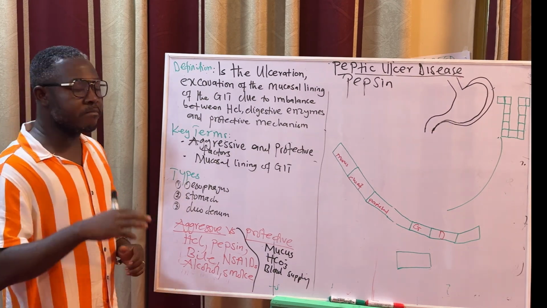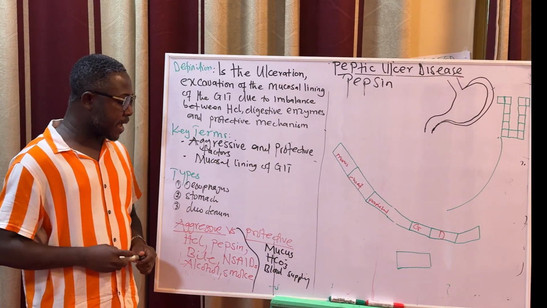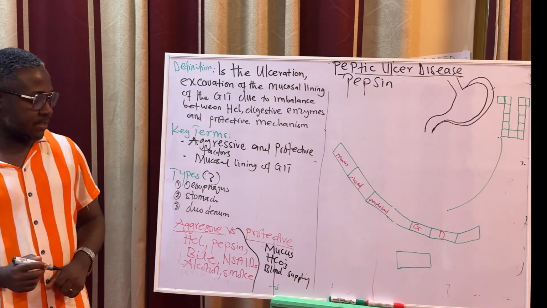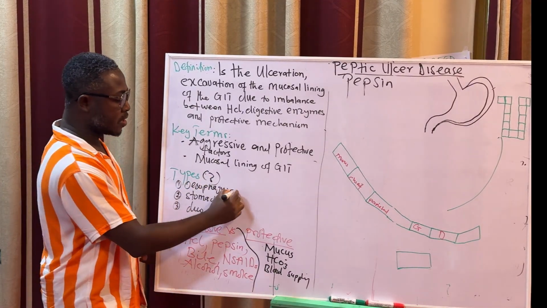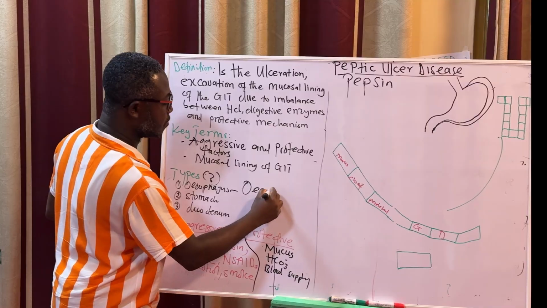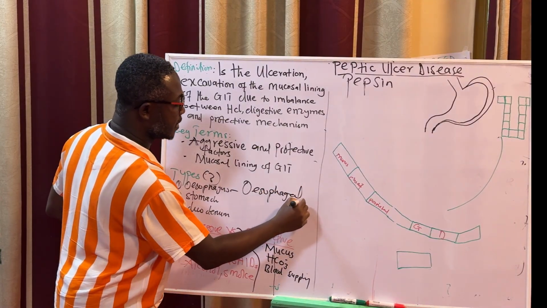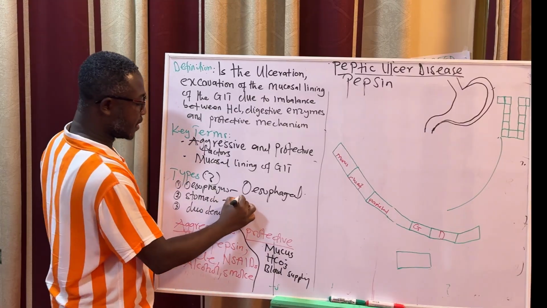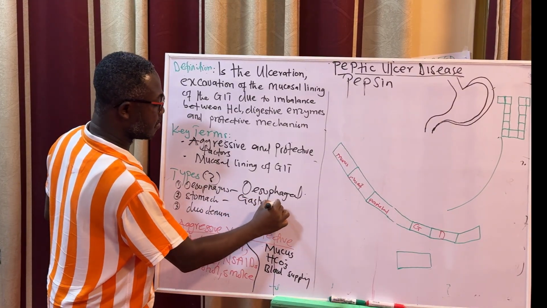And so that means that we have three main types of peptic ulcer disease. When it affects the esophagus, we call it the esophageal ulcer. When it affects the stomach, we call it the gastric ulcer.